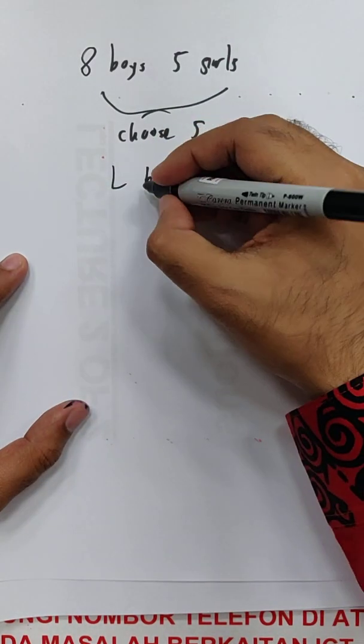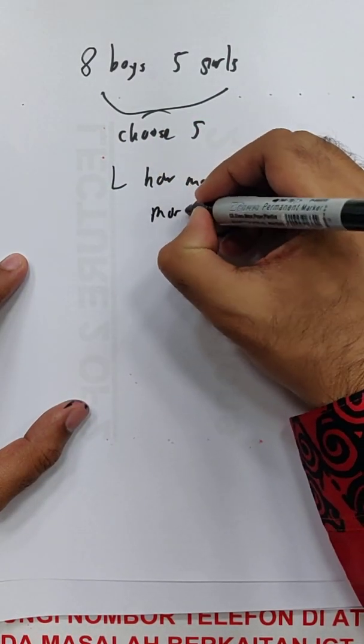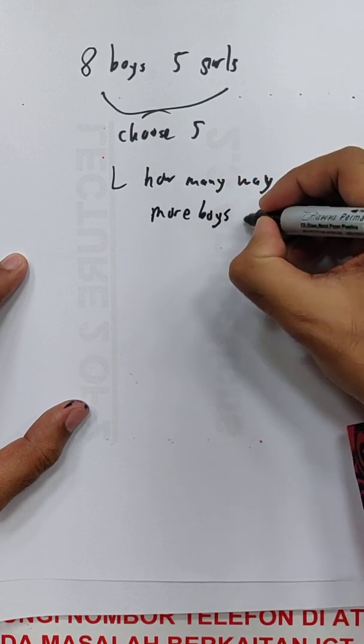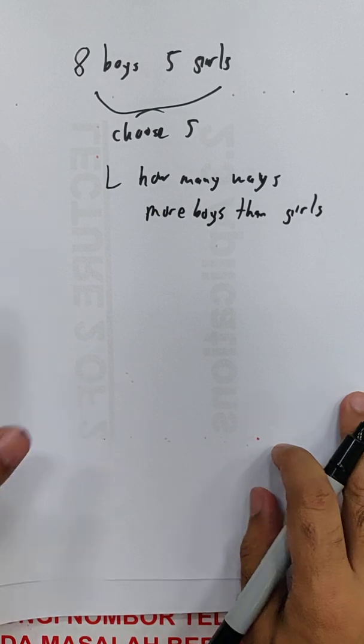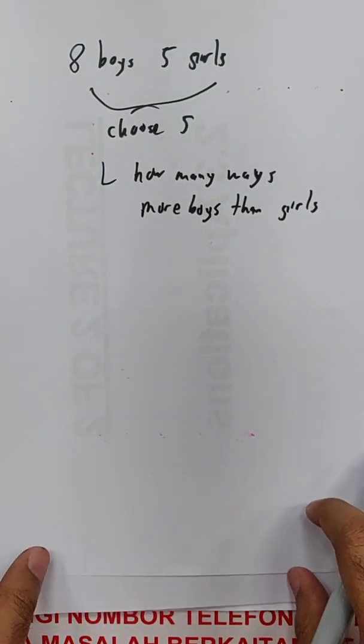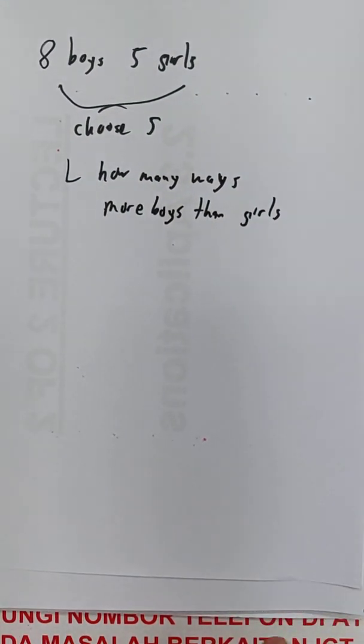In the group, there's going to be more boys than girls. How do you calculate this one? More boys than girls.